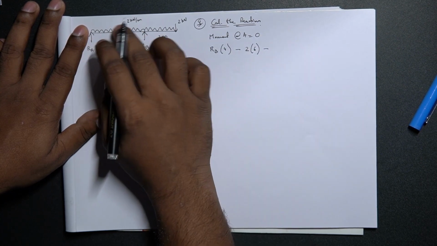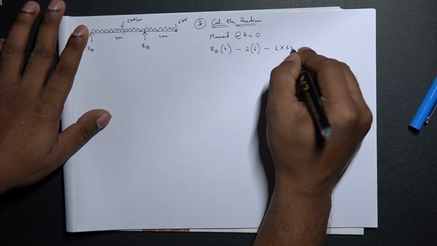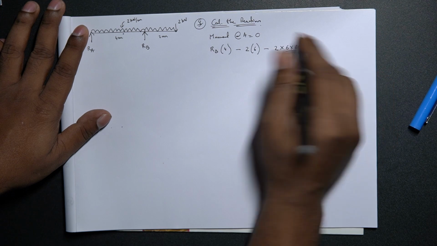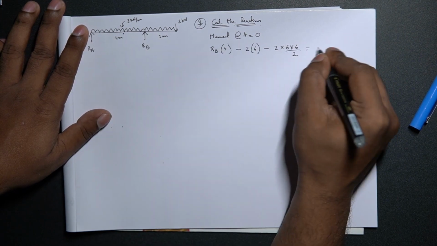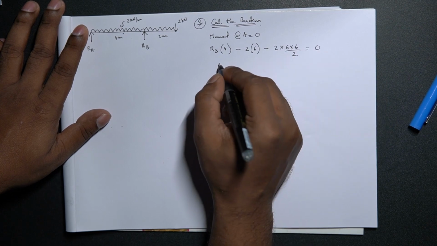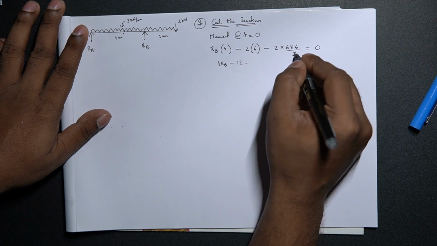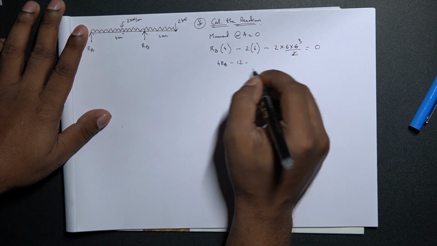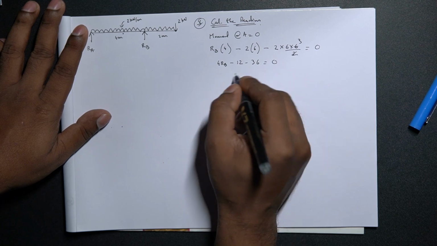The moment for a uniformly distributed load on a beam is WL square by 2. So that is 2 into 6 square by 2, which is acting all across, and altogether should be equal to 0. So that would give us 4 RB minus 12 minus 36 equals 0.